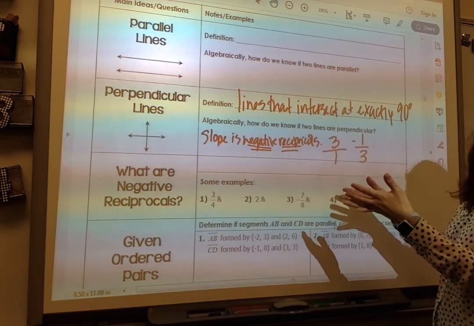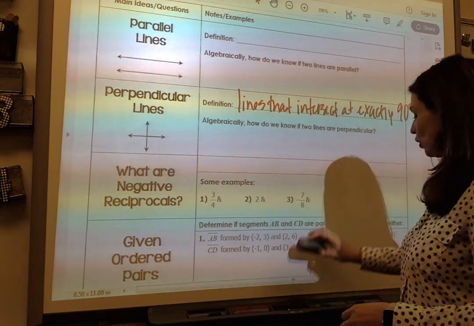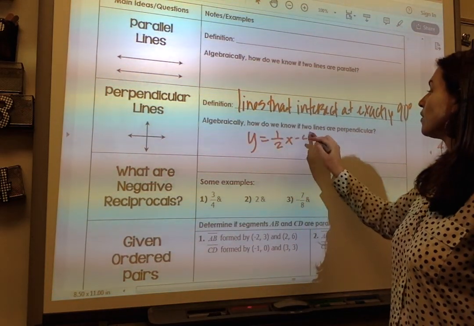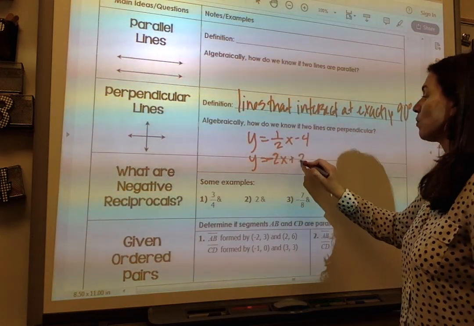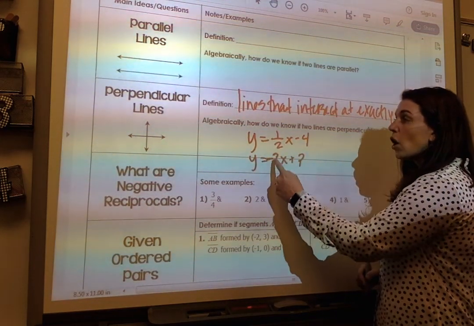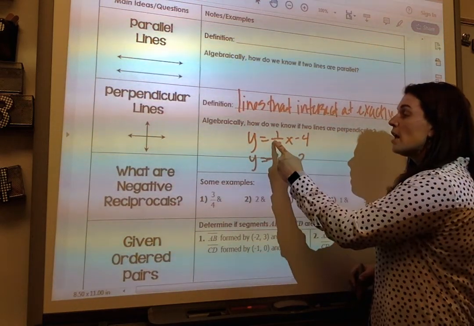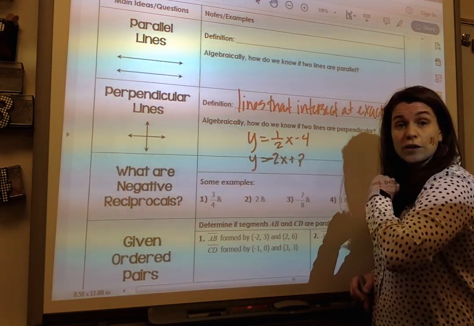So that's algebraically how we know. What that would look like is y equals 1/2 x minus 4 and y equals negative 2x plus 3. My slopes are negative reciprocals. It's just the slope that's a negative reciprocal. This one's positive, this one's negative, and they are reciprocals of each other.